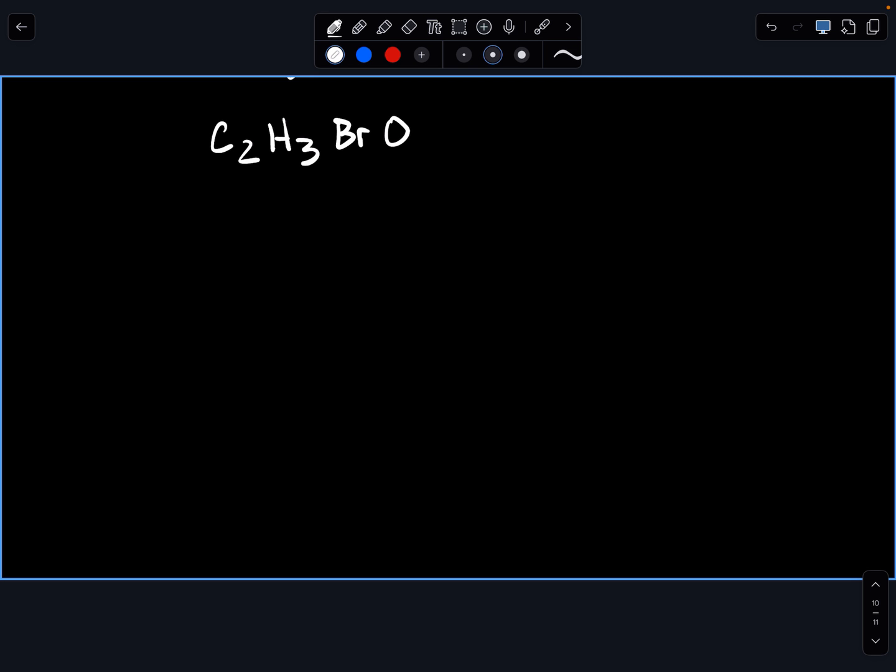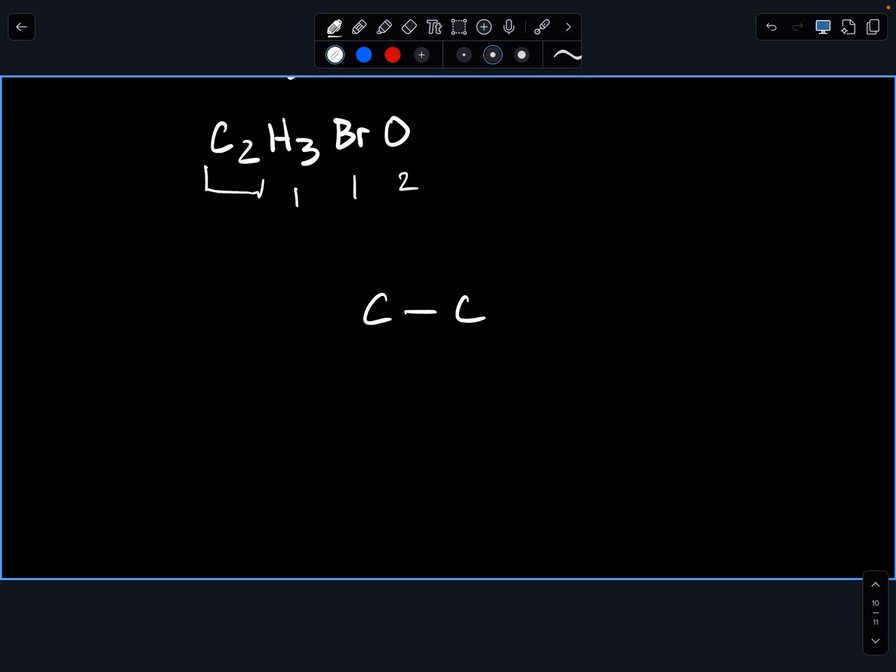Okay. So the way I would look at this is usually the carbons make a skeleton. I see that there are 2 carbons here, so I would start with a carbon-carbon bond, just like that. And then when you see what else is attached, we have hydrogens that like to make 1 bond each, bromine that likes to make 1 bond each, and oxygen that likes to make 2 bonds.